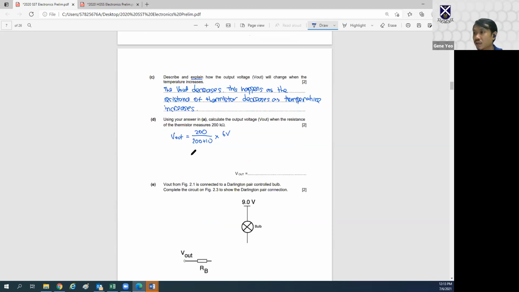Times 6 volts. Press your calculator, and this should give you 5.7 volts. Okay.